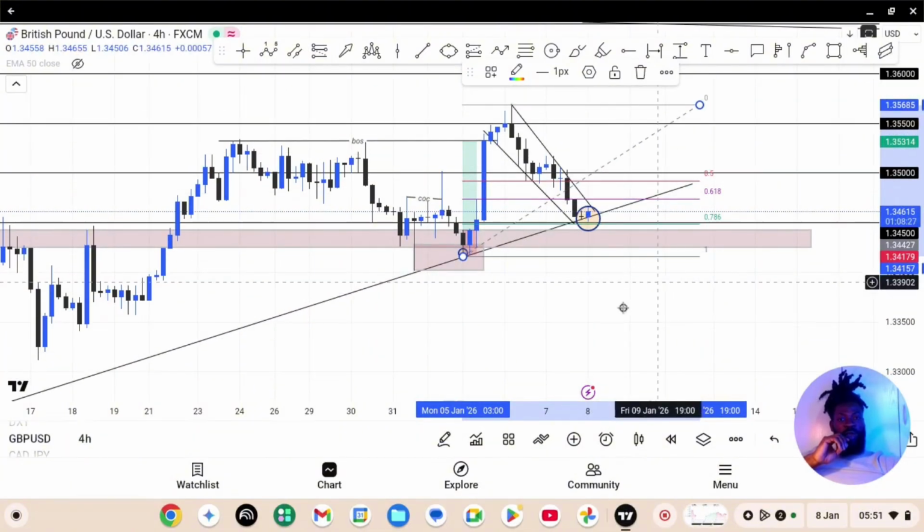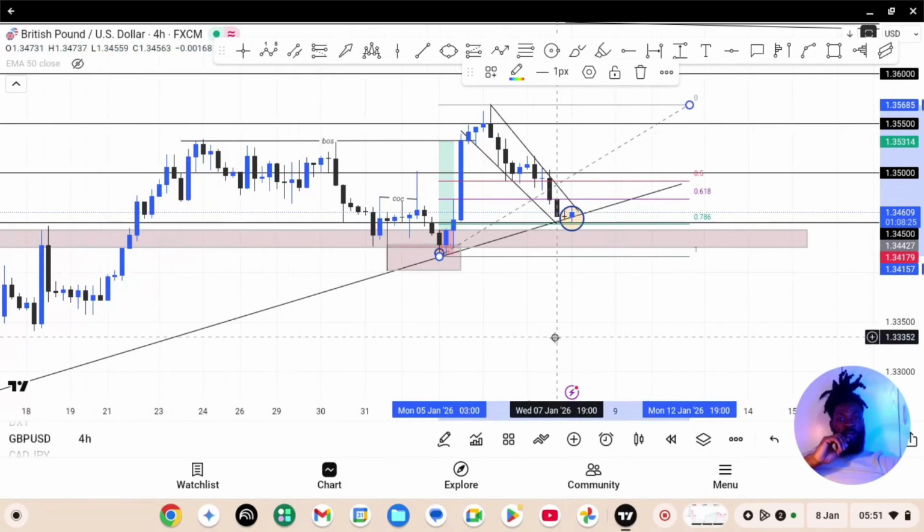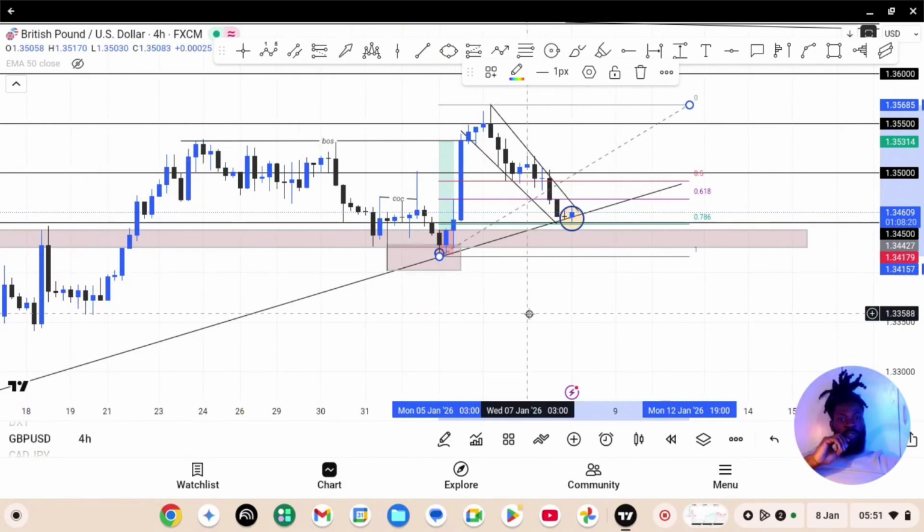Now, we have many confluences pointing upward. First, we have a break of structure that confirms we are in an uptrend. Secondly, we have a trend line, and another trend line on the third touch, which confirms we are in our uptrend and a point of interest area.